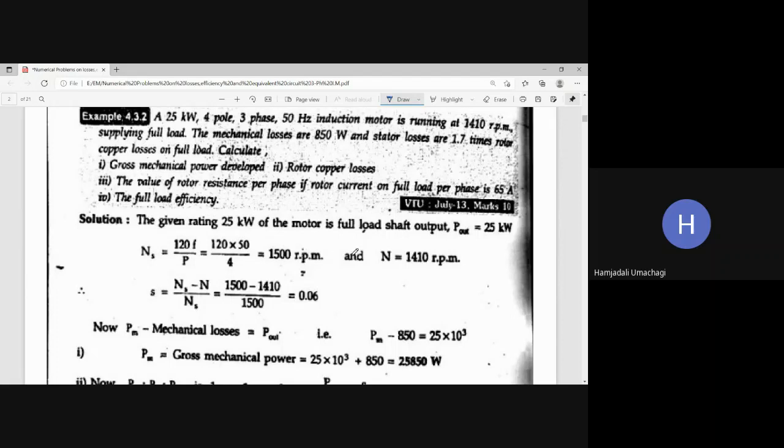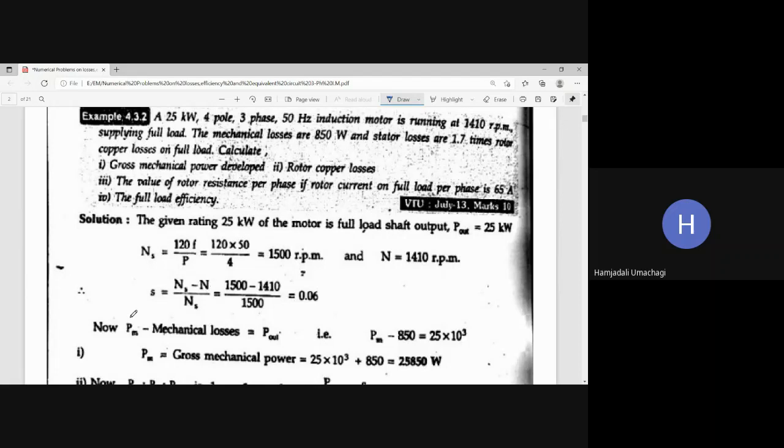The speed n is given as 1410 rpm. Now calculate the slip. Slip s equals ns minus n divided by ns, that is 1500 minus 1410 divided by 1500, so the slip is 0.06.